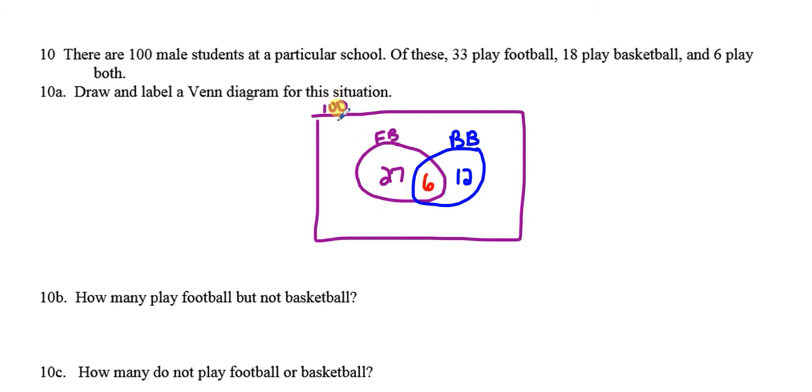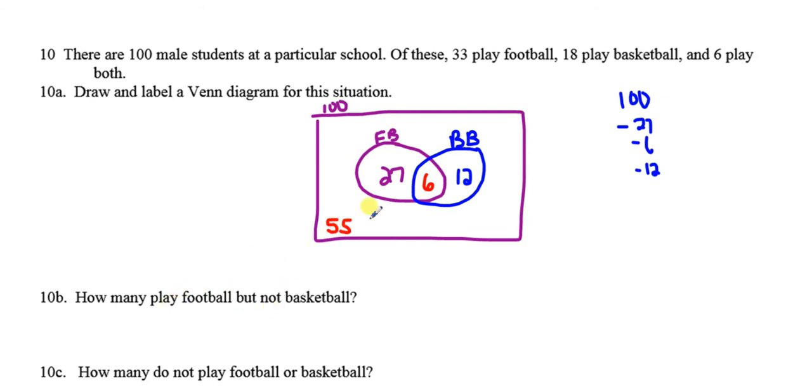And so we have 100 people total. So we have 100 minus 27 minus 6 minus 12. And that leaves us 55 in the neither. And you can just put a 55 out here for neither.